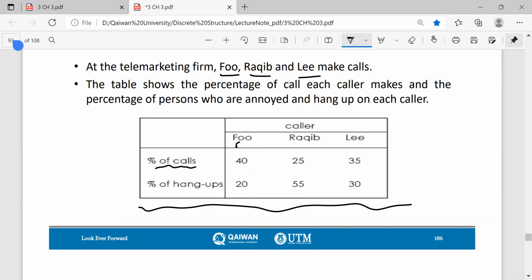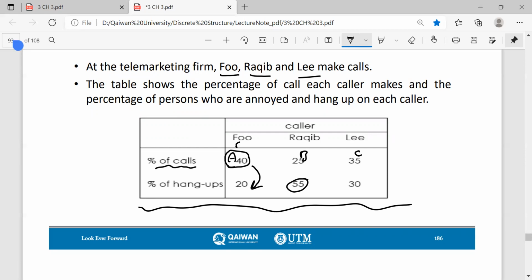Look, this is A. It says if we have given A, what's the hang up for A? It is 20%. So the probability of H given A is 0.20. And then for B, the probability of H given B is 55%, which is 0.55.